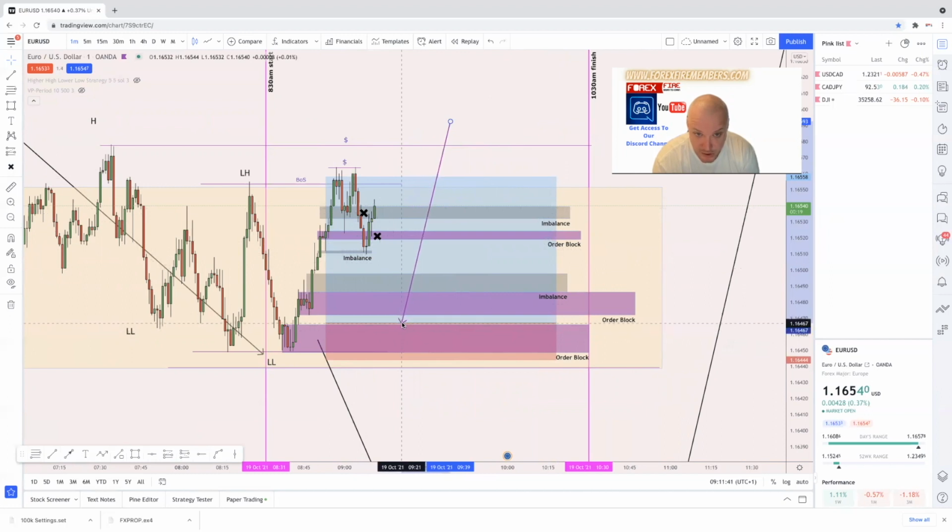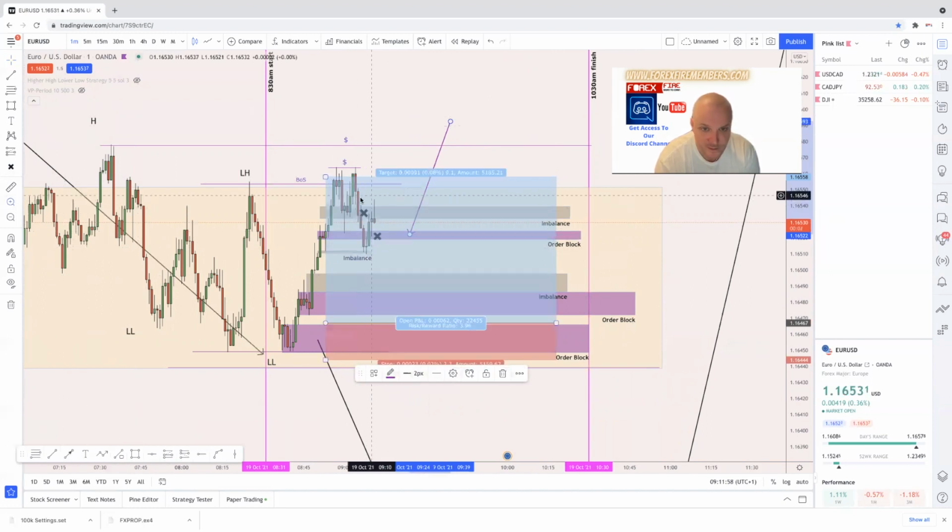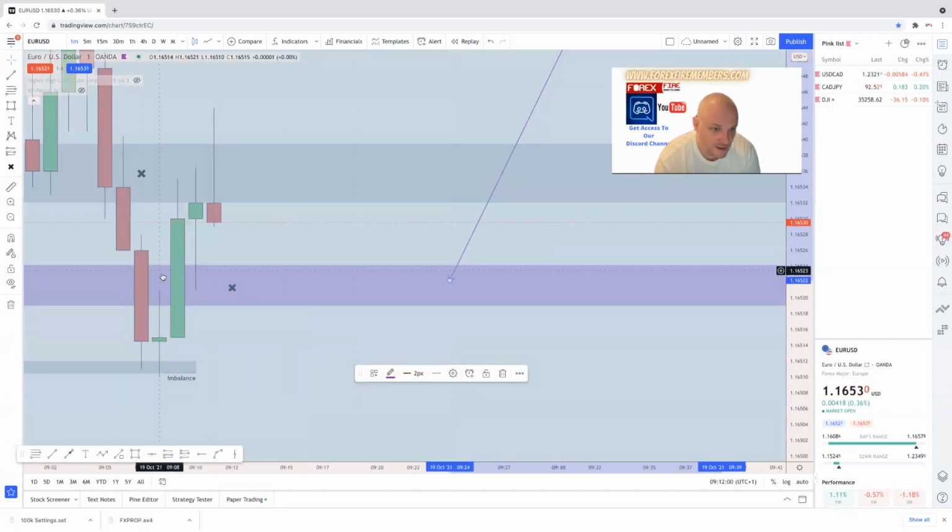We are anticipating a push down to push up. If this was to break the structure of that, I would possibly then get rid of all this and do an order block from here. An order block from here, although it has mitigated when you look into this. A good deep dive. This, the last down before the up.